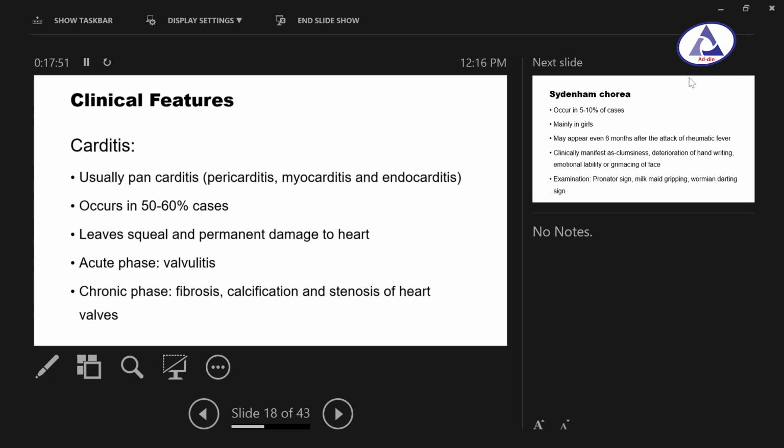It occurs in 50 to 60% of the cases of acute rheumatic fever, and it causes sequelae and permanent damage if it is not treated early. With early detection and treatment, the heart can be cured, but if not treated early, it causes permanent damage. The acute phase causes valvulitis, and the chronic phase shows fibrosis, calcification, and stenosis of the heart valve.